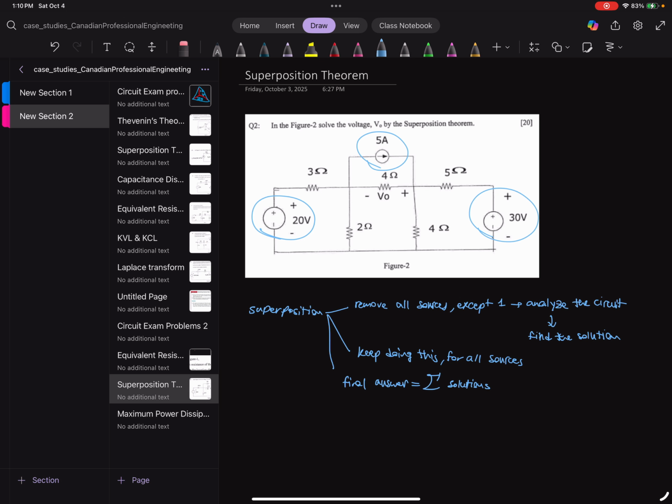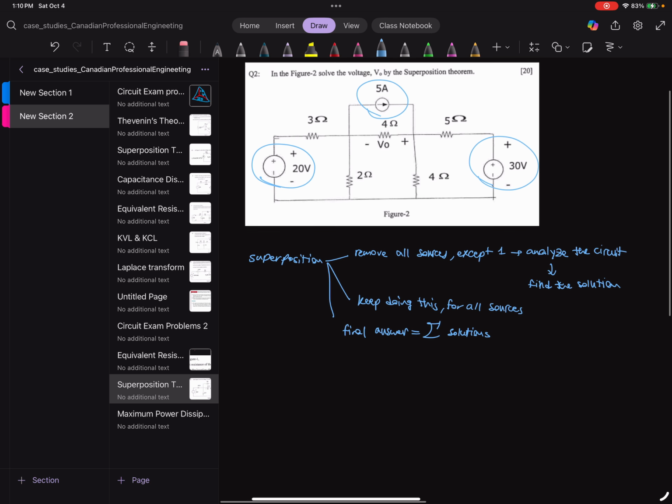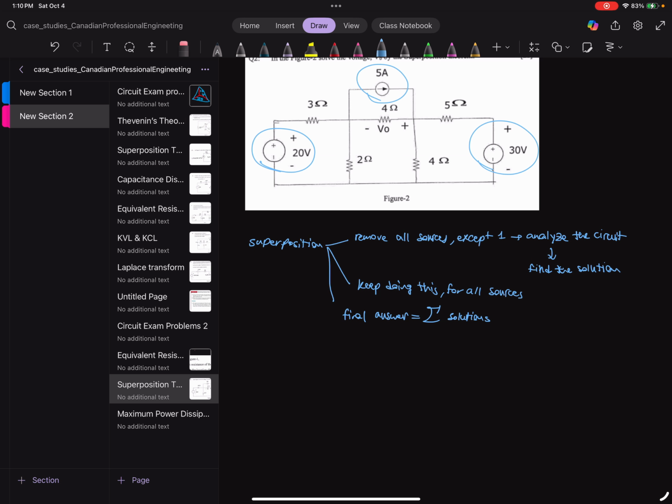And now when we say remove all sources except one, what does it mean? So now let's remove all sources. If it's a voltage source, then it would mean short circuited.